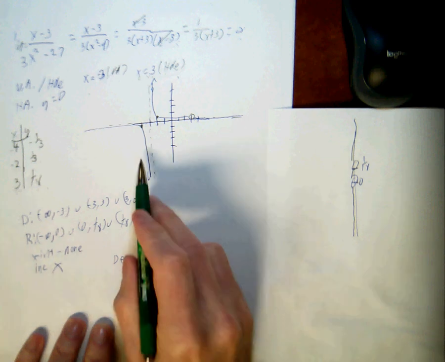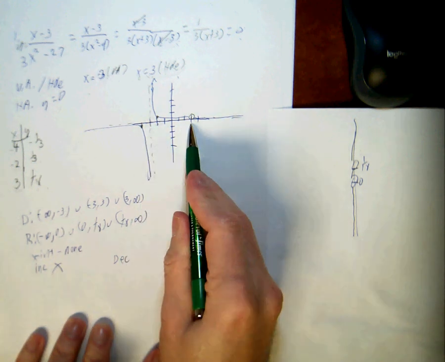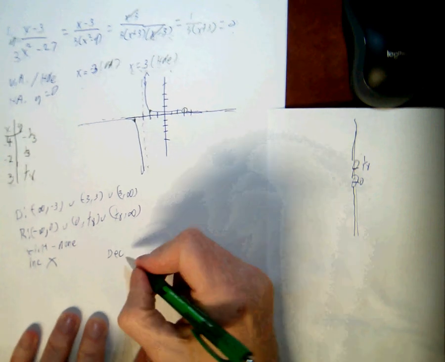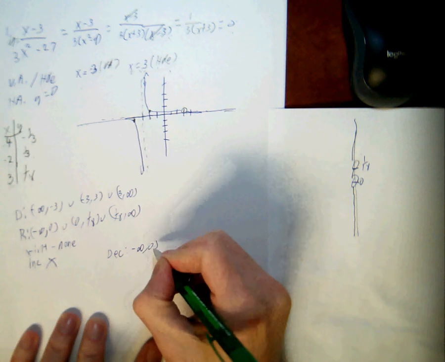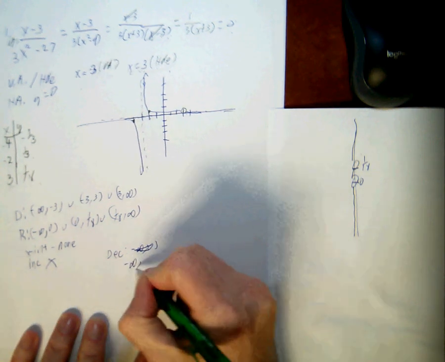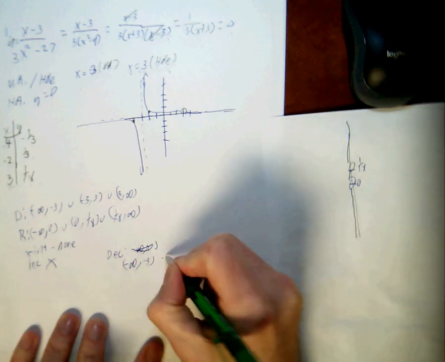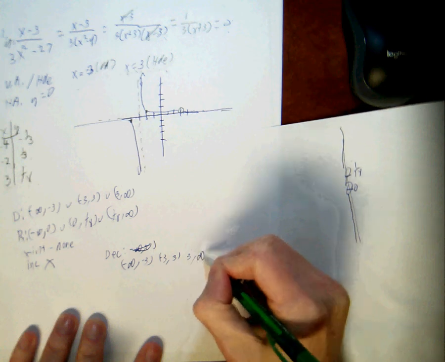But where it's decreasing, it keeps breaking, like it has an issue at negative 3 and has an issue at positive 3. So where this thing is decreasing is from negative infinity to negative 3, from negative 3 to positive 3, and then from 3 to infinity.